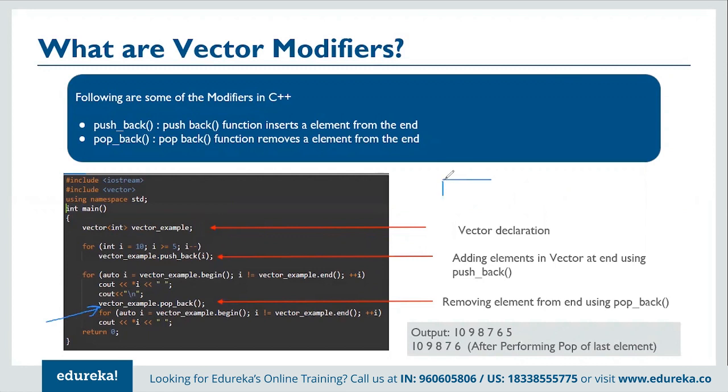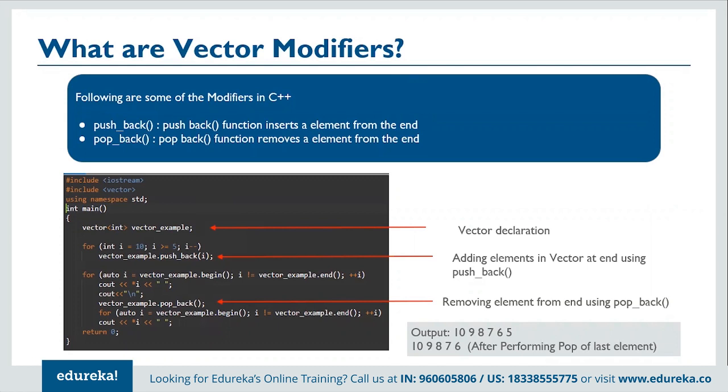If this was my vector, which had 10, 9, 8, 7, 6, 5, popping will remove only the last element, and if you display the entries after that, the output will be 10, 9, 8, 7, 6 and not 5, because it has already been popped from the container, or the vector. This is how we make use of some of the modifiers. Modifiers are the functions which modify the content of the container, which is a vector container in this case.